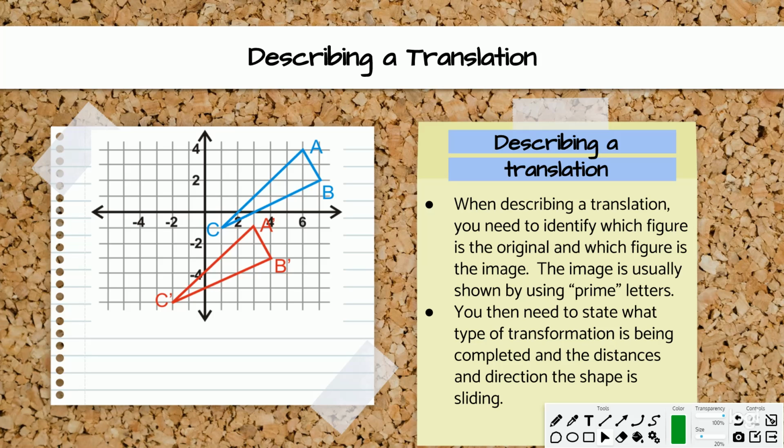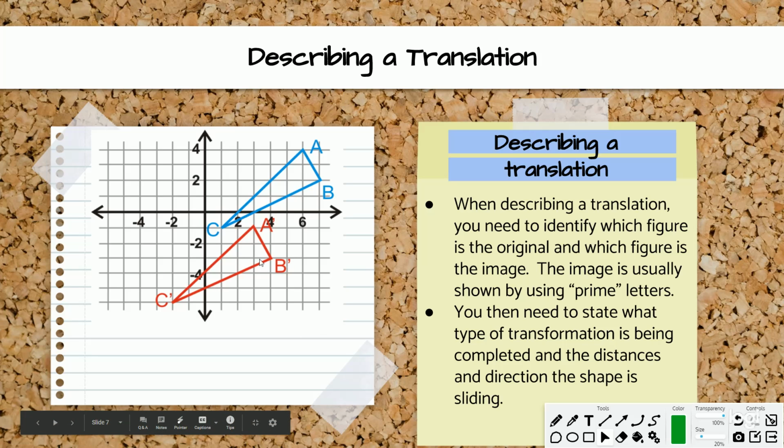The image is going to be shown by having those prime letters in it. And then when we're describing it, we need to state what type of transformation is being completed. Right now, we've only learned translation, but later on, there will be different ones. So for this assignment today, it's only going to be that they're going to be translated. And then we need to tell the distances and the direction that the shape is sliding.